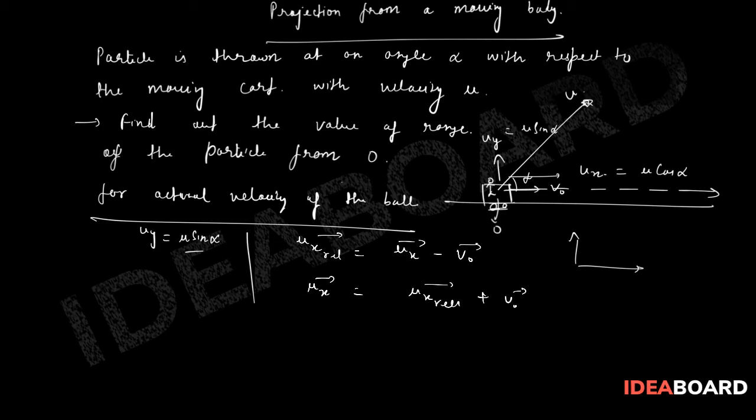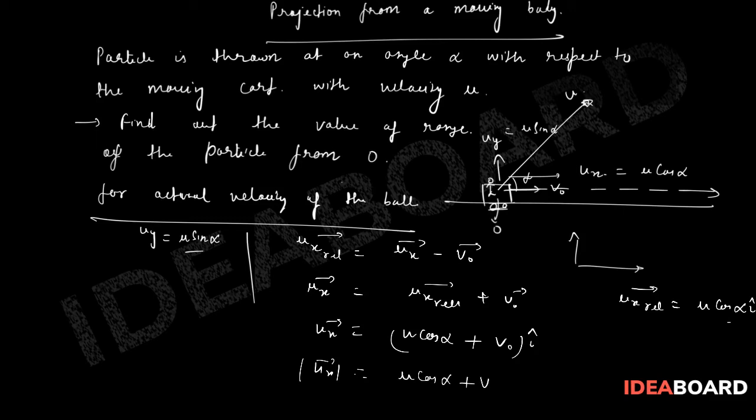Here the ux relative is equal to u cos alpha i cap, right? So I can substitute ux relative will be u cos alpha plus v naught, and both are having i cap direction, so they will add up. So magnitude of ux will be simply u cos alpha plus v naught, right? So this is going to be the horizontal velocity this time.